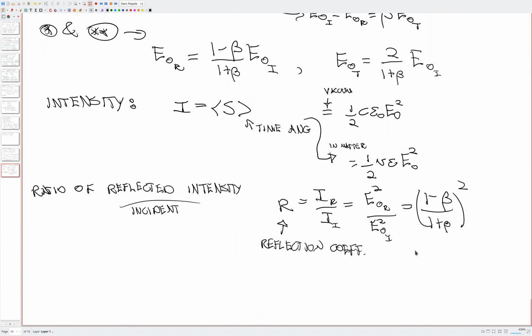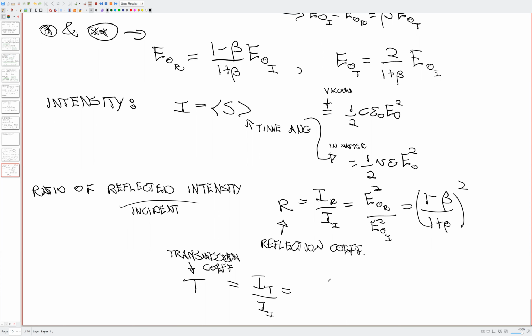And similarly, the transmission coefficient, T. This is the intensity of the transmitted over the intensity of the incident.